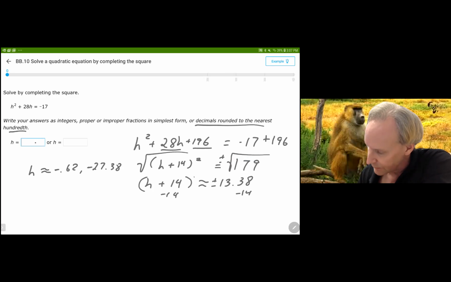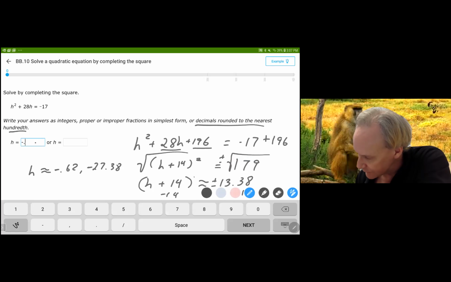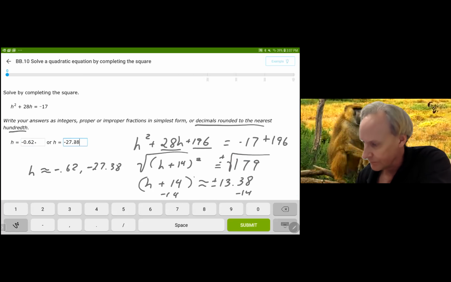So we have negative 0.62. I think I have to put in the 0. Or approximately negative 27.38. That looks right.